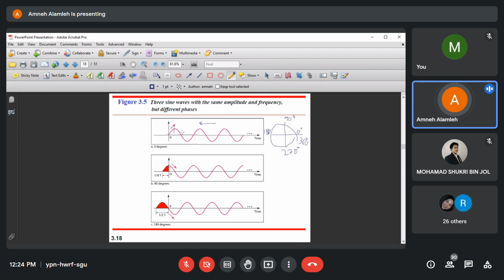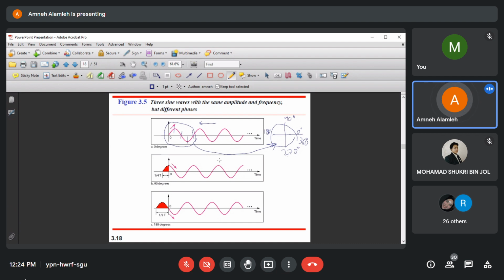This is 90. This is 180, and this is 270, and this is 360. This is the one cycle I told you about here. So if we shift the wave to the left 1/4 the time period, the phase will be like this.